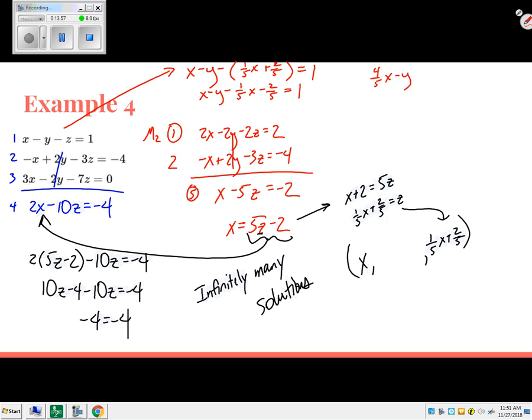Still have the y I'm looking to solve for, because that's what I'm wanting to put right here in this spot. If I add the 2/5 over, that gives me 7/5. So subtract the 4/5 x from both sides. I just divide everything by -1. Man, that is a nasty y, but that is what it is.